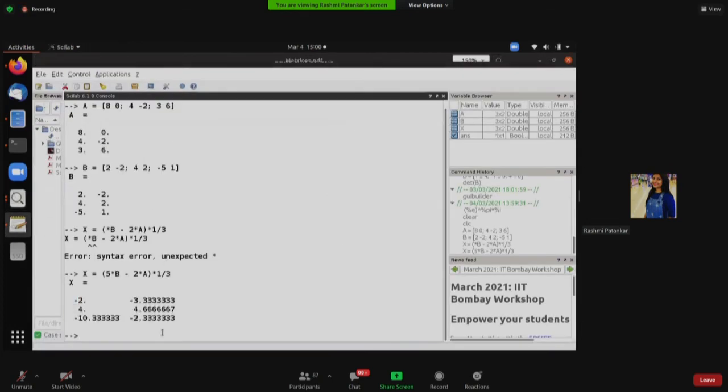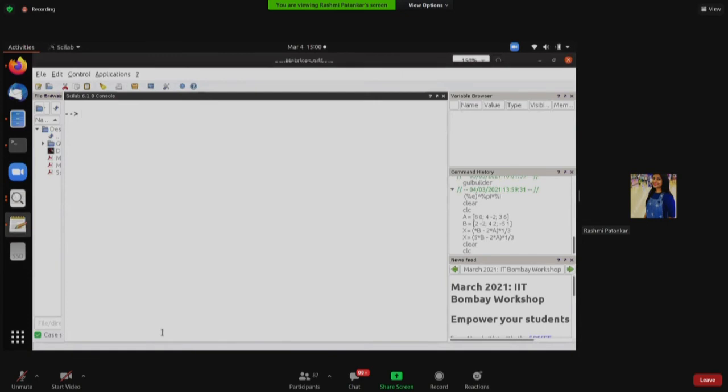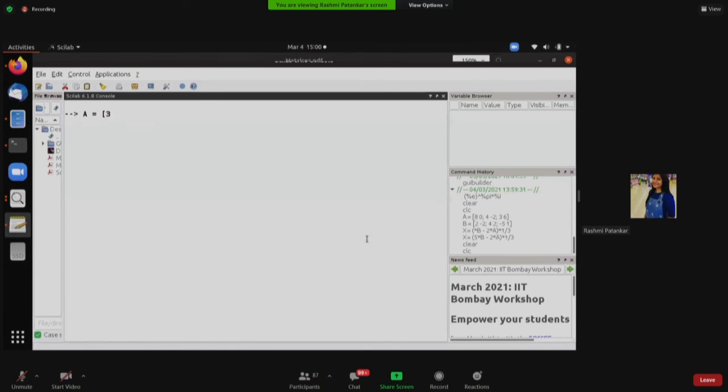Let me clear the window first. I'll define the matrix A, which is 3, 5, 7, 9. And now we have to find its transpose. How do we find the transpose? It is nothing but A dash. So this is the transpose.